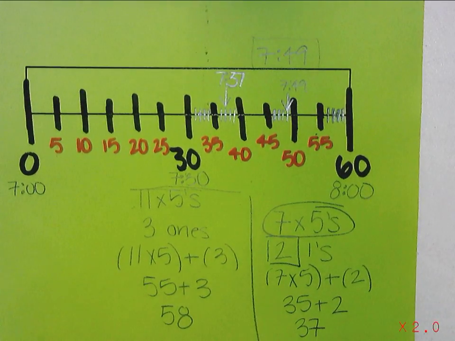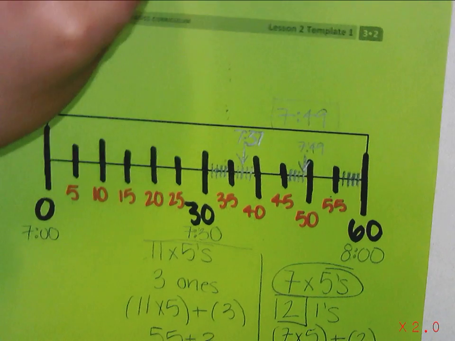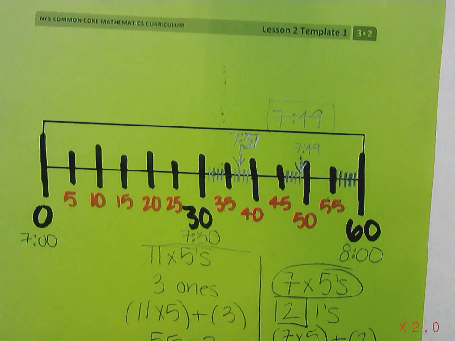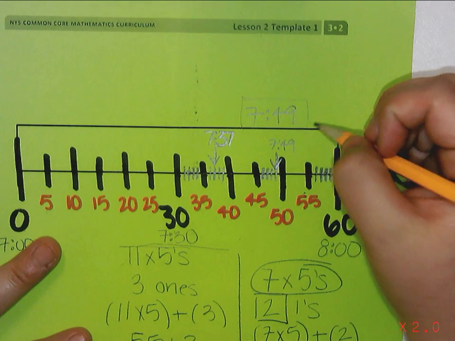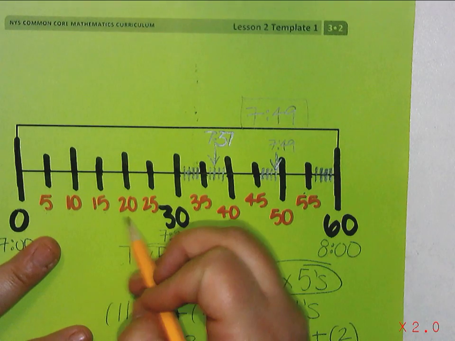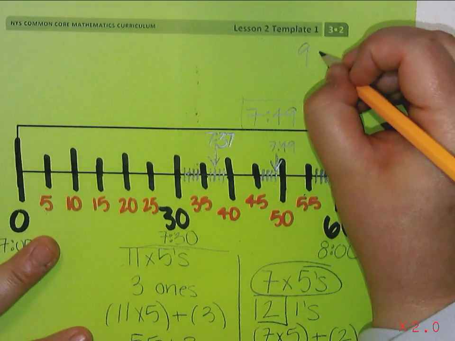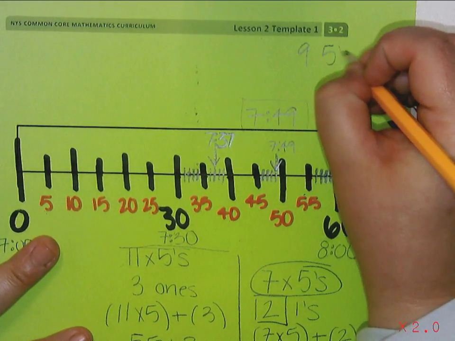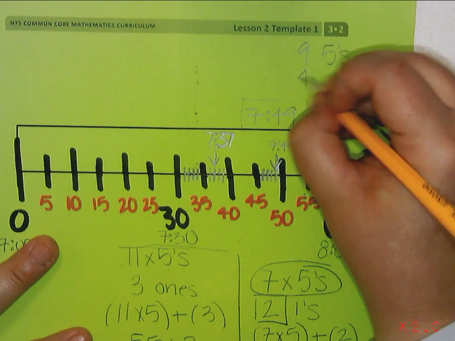Now I need to double check it with my math, because my math will always help me prove that I have the correct answer. Okay, so how many 5s do I have here in 745? So I have 1, 2, 3, 4, 5, 6, 7, 8, 9 5s. And how many 1s do I have? 1, 2, 3, 4 1s.